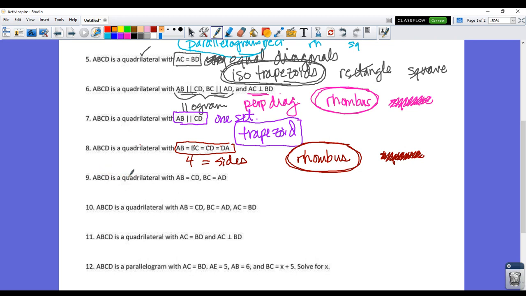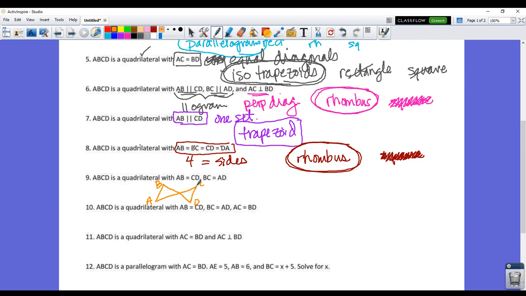Okay, 9, a quadrilateral with AB equal to CD. So that's one set of opposite sides. And BC and AD, so those are the diagonals, right? We have a quadrilateral with opposite sides that are equal and diagonals that are congruent.